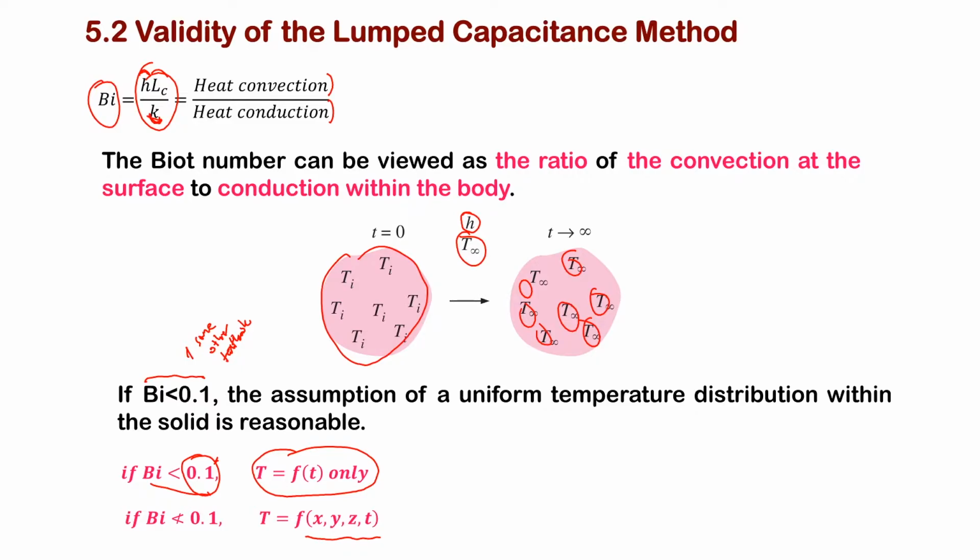But in this class, since I refer you to the book by Incropera et al., let's stick to the notation that if the Biot number is less than 0.1, we will use the lumped capacitance method. If it is not, we have to use another method, so we will talk about it later.